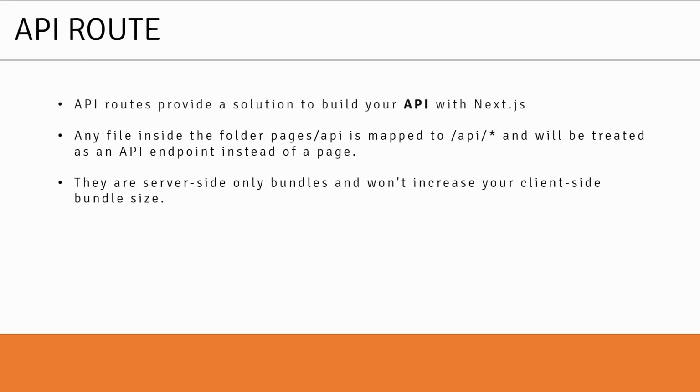It will not be bundled in the client side. It will be bundled only in the server side. Because of this bundling, it will not increase the load on the client side or browser. Next, with this API, we can hide or mask the URL.